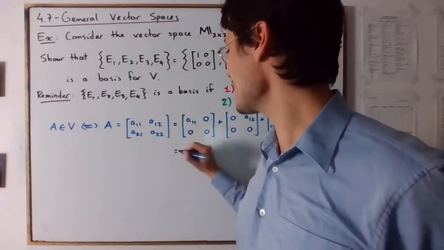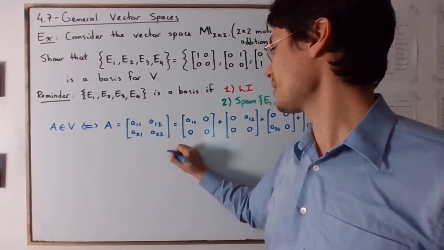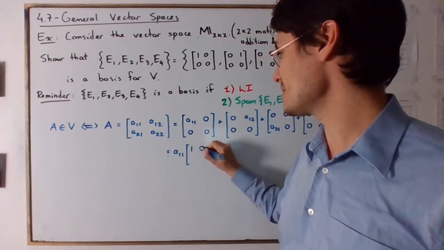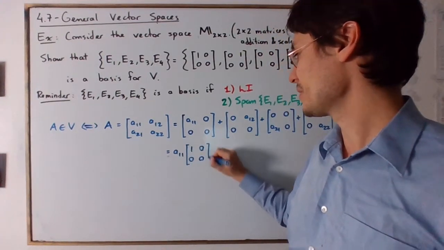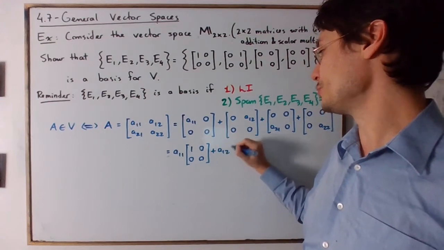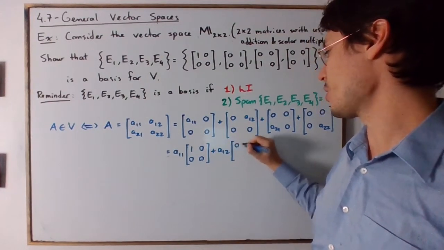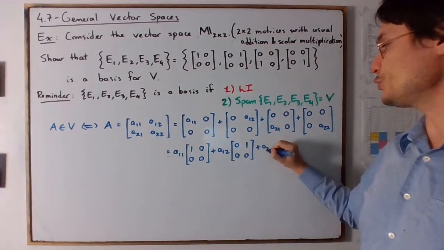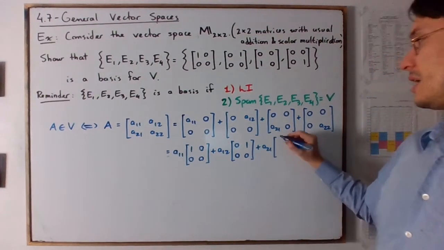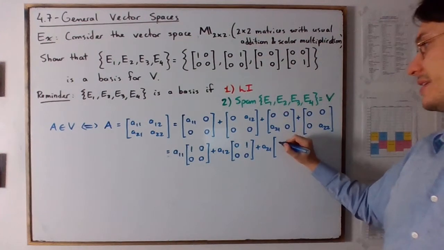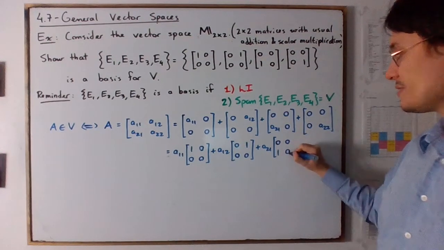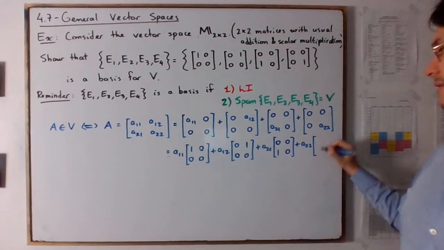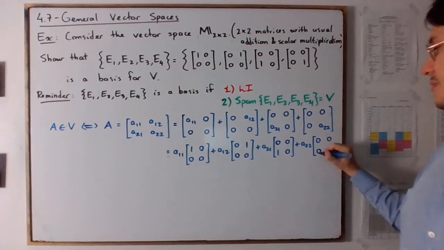And by using scalar multiplication, now we have A11 times the matrix 1, 0, 0, 0, plus A12 times the matrix 0, 1, 0, 0, plus A21 times 0, 0, 1, 0, and finally plus A22 times 0, 0, 0, 1.